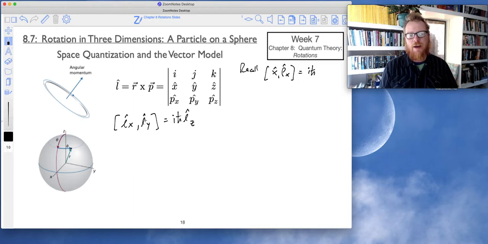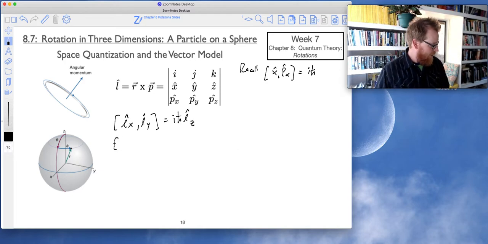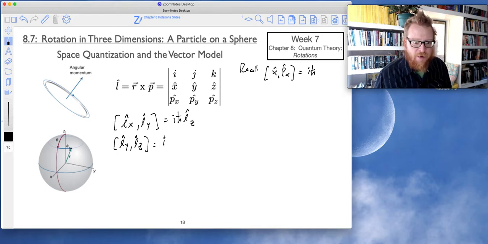What this means is if I try to specify with arbitrary precision the angular momentum projected length in the x and y dimensions, I will have uncertainty in the z dimension. Well, what do you want to bet is going to happen if I switch those dimensions? If I look at the commutator between Ly and Lz, if you're saying i h bar Lx, then you're getting it.